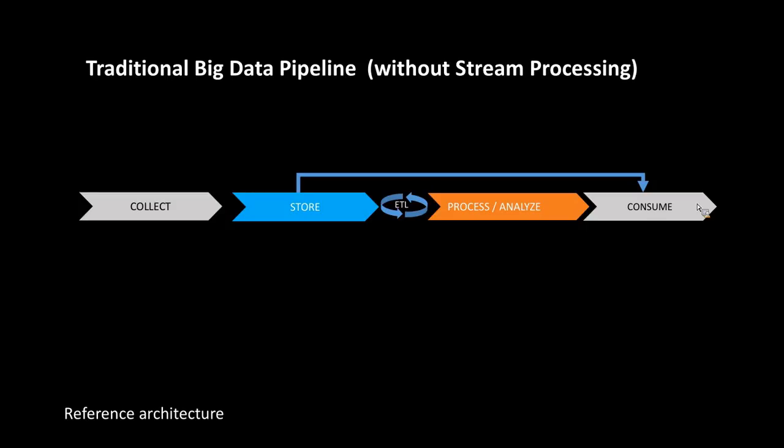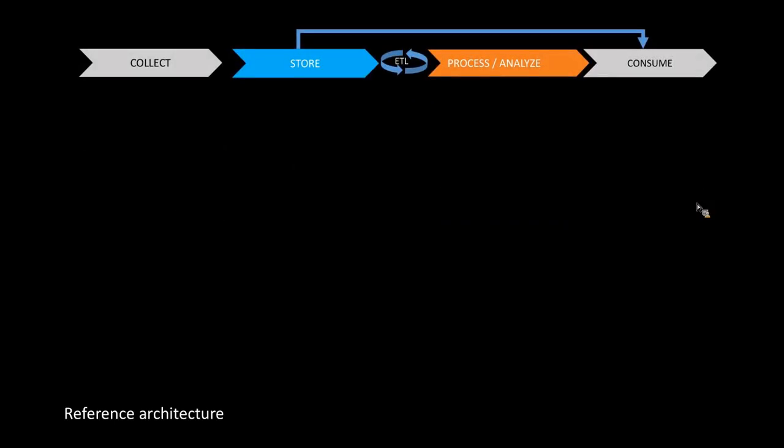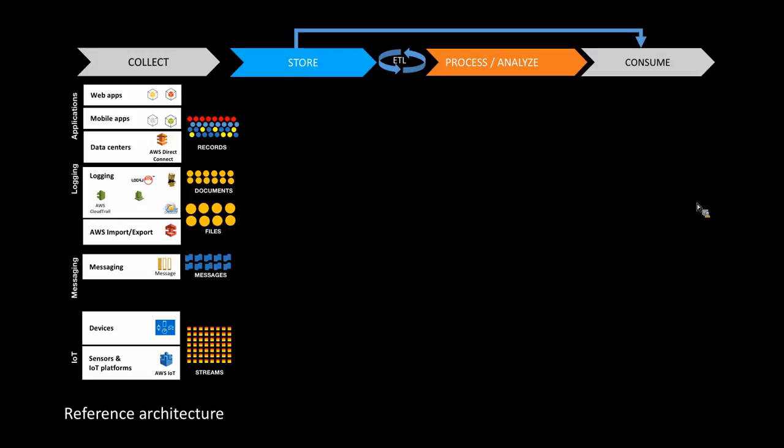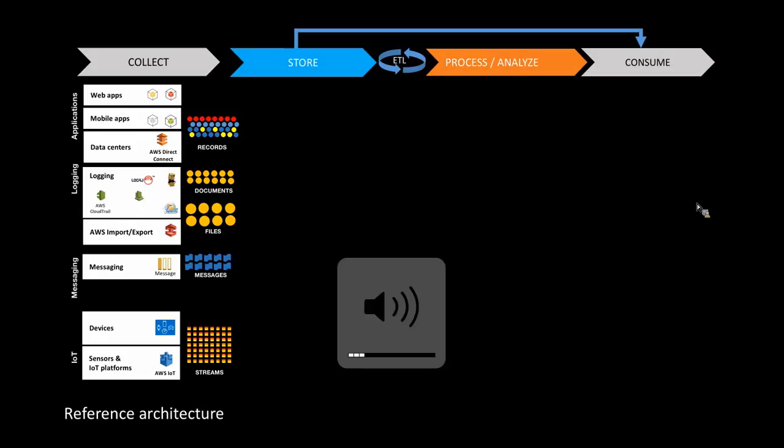So on AWS, it's important to realize that we have a large variety of options for big data pipelines, and I'm not going to go into all of these, but I simply want to increase awareness of all that we have to offer on AWS. For collection, we have applications that can supply data.